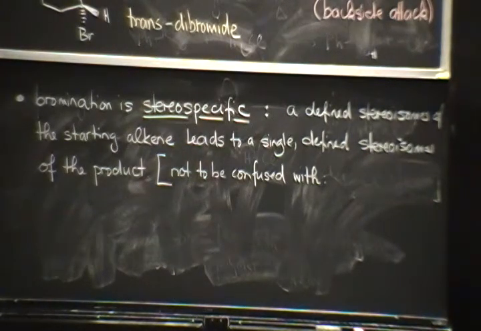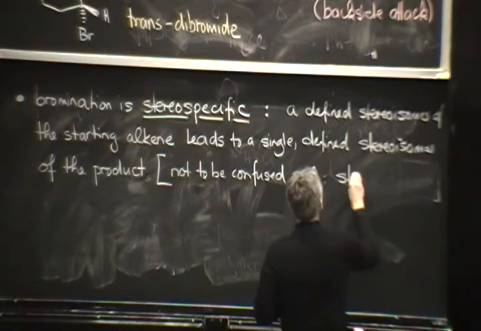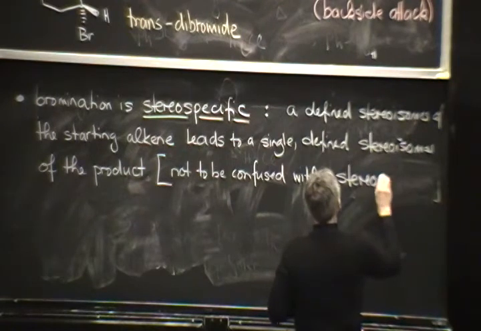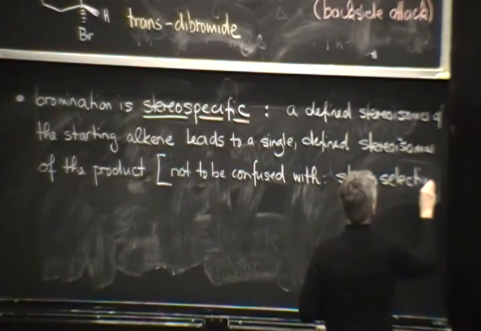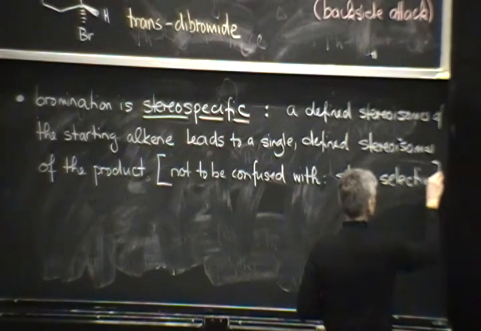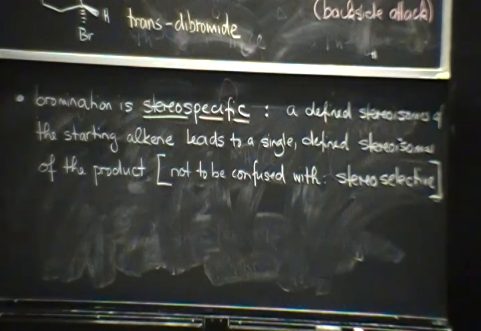If you keep on stereo, then it would be stereoselectivity. So stereoselective means something else than stereospecific. So just note that, because it is very easy to get confused by this particular expression of stereospecificity or a stereospecific reaction.